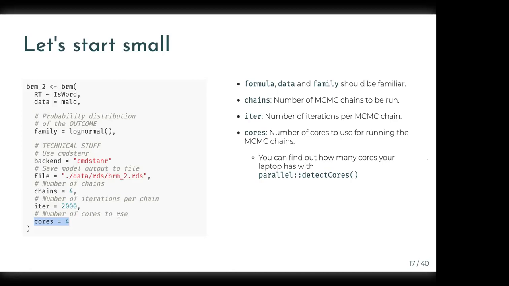If you have 2 cores, it's going to run 2 chains in parallel and then 2 other MCMC chains. But again, this is the technical bit that is not necessarily relevant to being able to interpret the output.